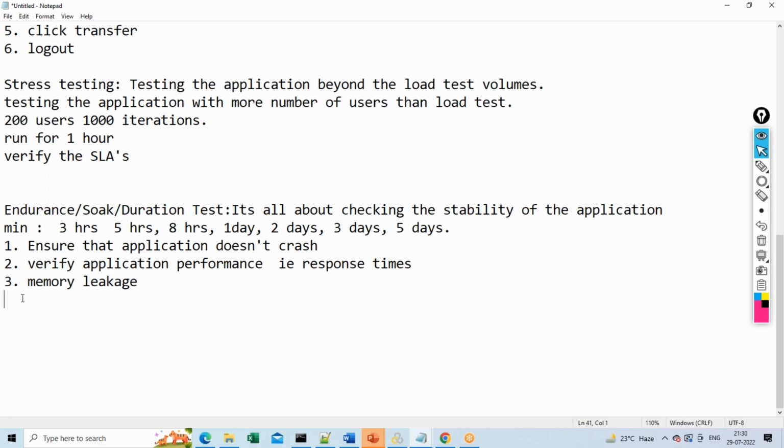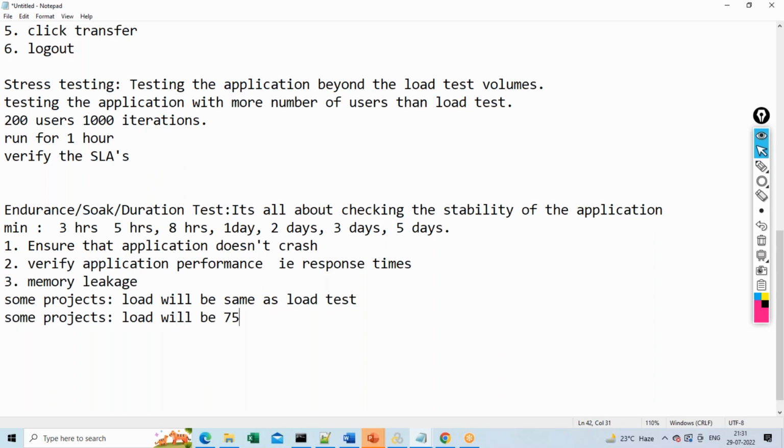But in some projects they will use only 75% of the users when compared with the load test.